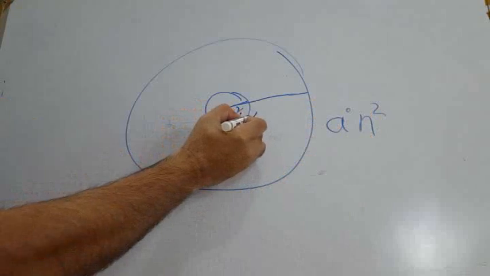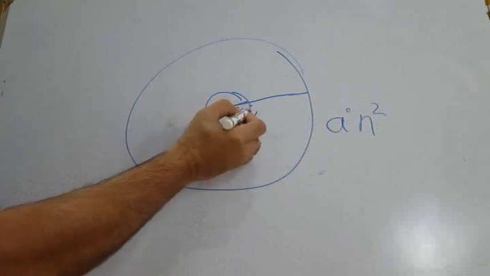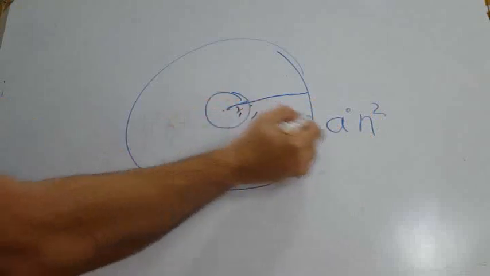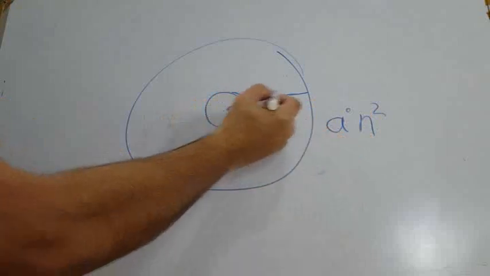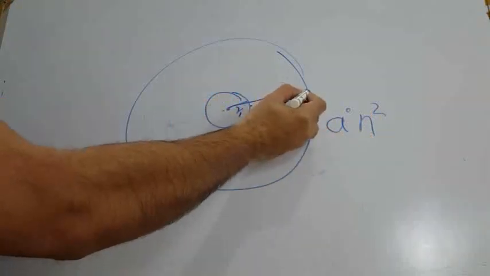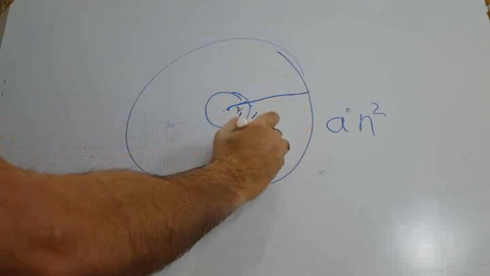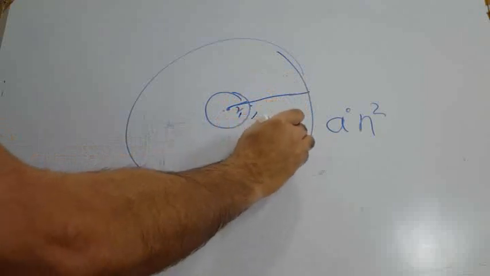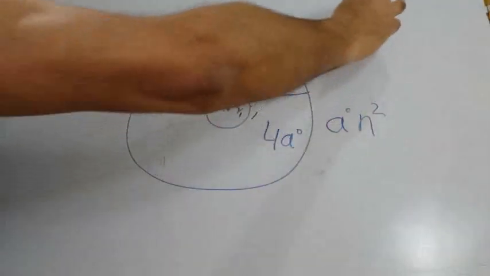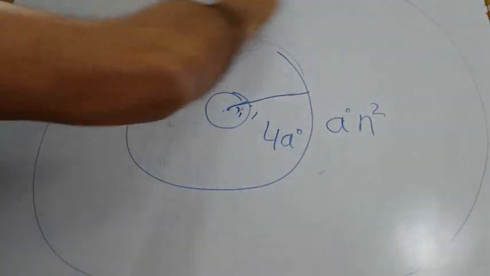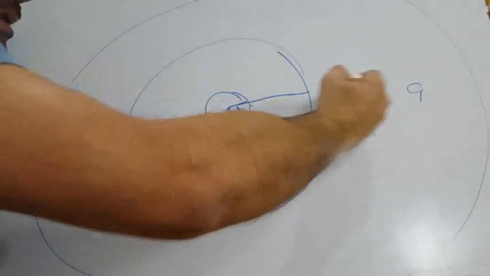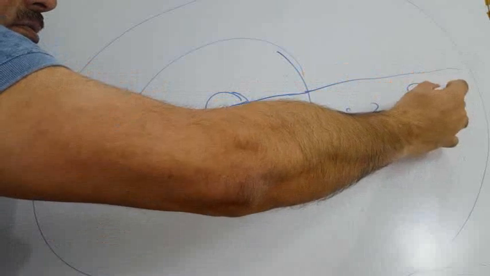Means this is R1, this is A0. When it is R1, it is A0. When it is R2, it is 4 times A0. Similarly, for the third, it is 9 times A0.